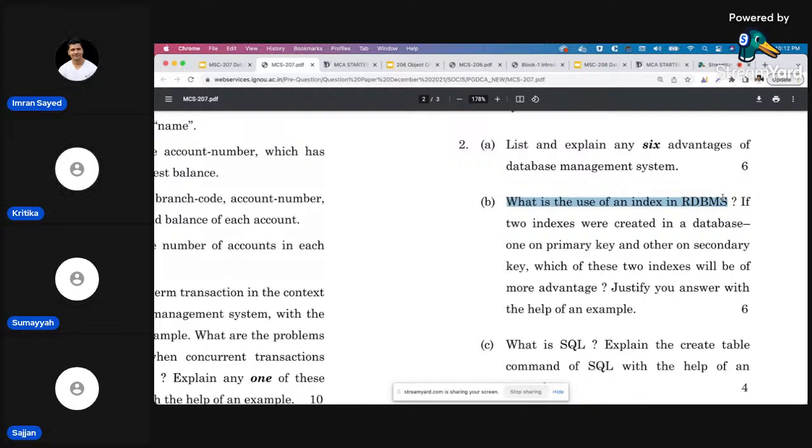Yes, primary key or candidate key, and then the second column is where the address, the set of pointers, to that particular block is stored. Yes. And it reduces the number of disk accesses by improving the performance with the help of this index table.